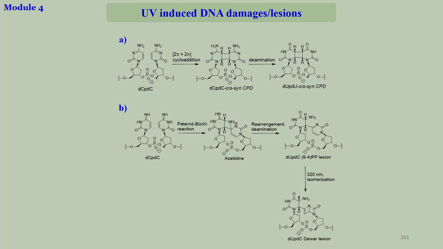Rearrangement is this, as I have shown: this will come here, form the double bond, and then break this carbon nitrogen bond. You will get the NH2 here, the 6,4 PP lesion, and you had the deamination over here. So, you have the uracil moiety now, and isomerization will give you the Dewar isomer. So, let us continue with the mutation.